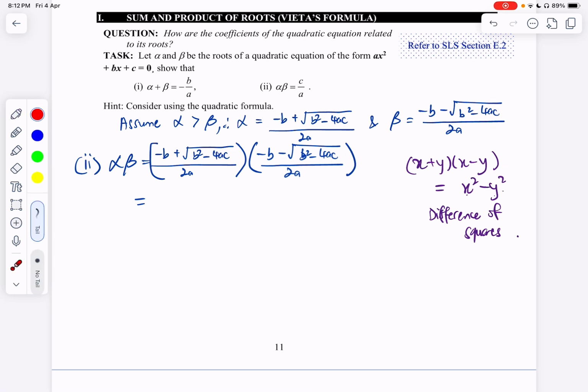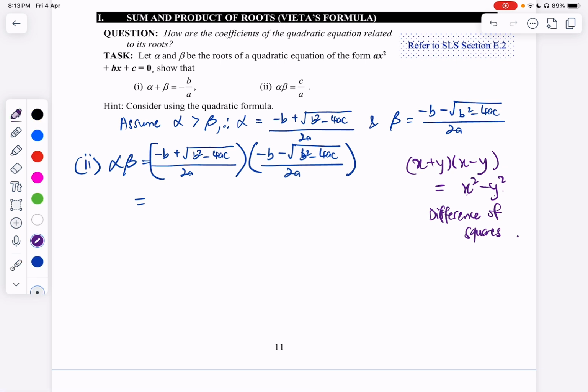So I want you to notice that this is my x, this is my y, and then this is my x, and then this is my minus y. Of course, when you split it up, it will not be just negative b, but negative b over 2a. So you've got to be able to visualize that.